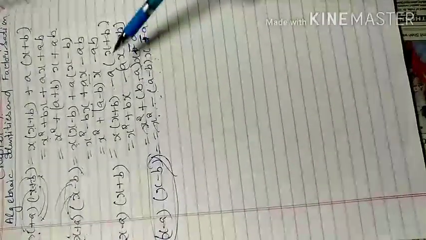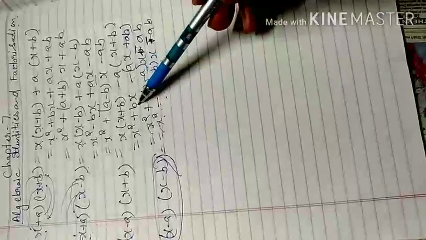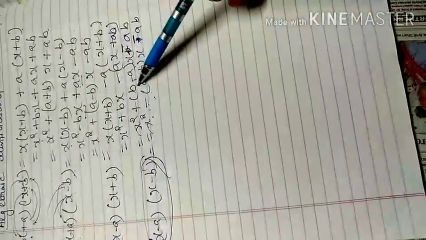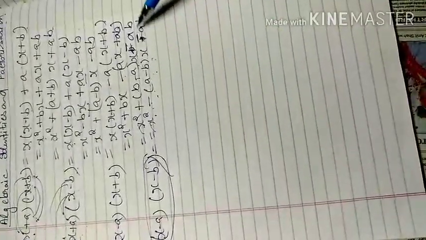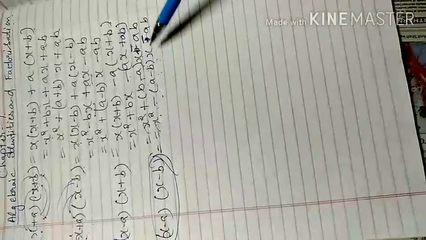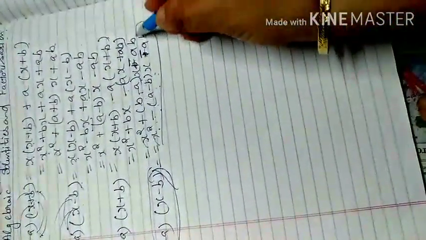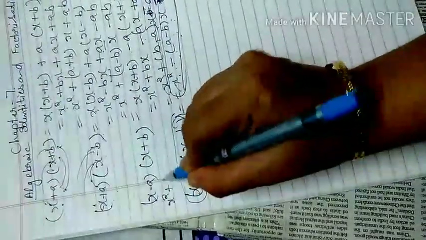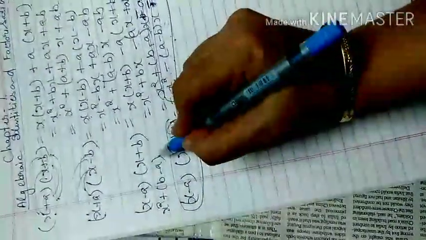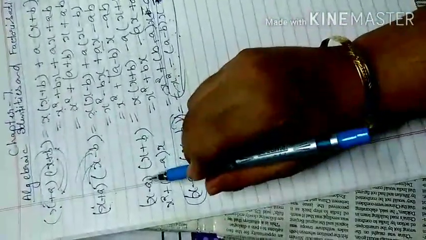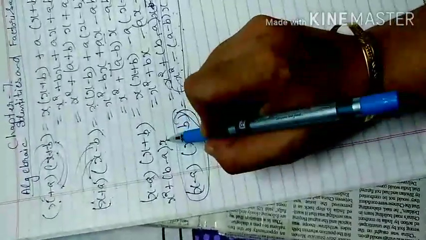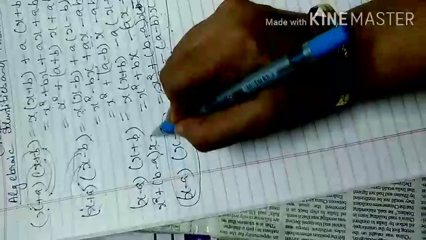Now if you open the bracket, minus ax and minus ab, minus ax goes with bx, so b minus a, x is common, and that gives x square plus b minus a x minus ab. Instead of doing this long method, we can directly apply the formula: x square plus b minus a x, with the positive term kept first and the negative term second, then positive into negative gives minus ab.